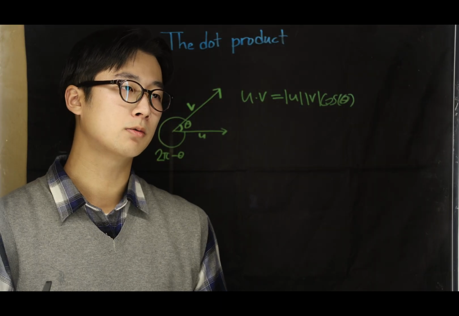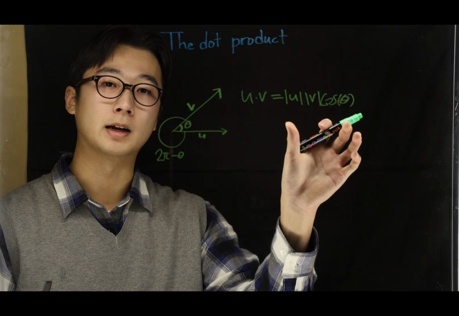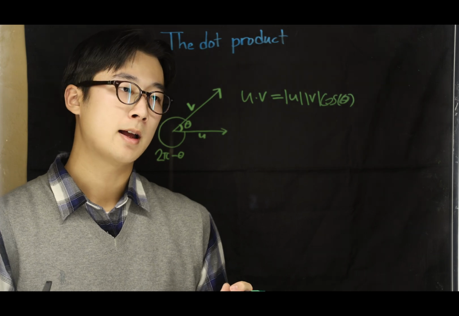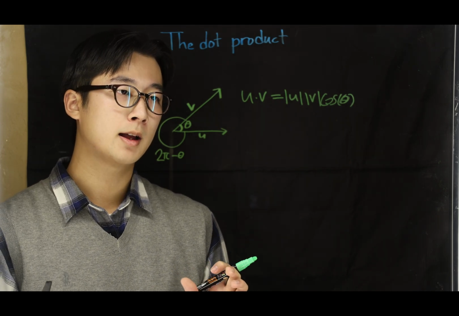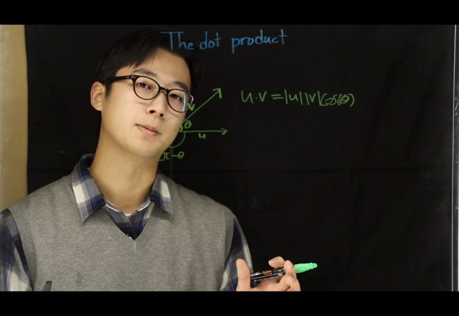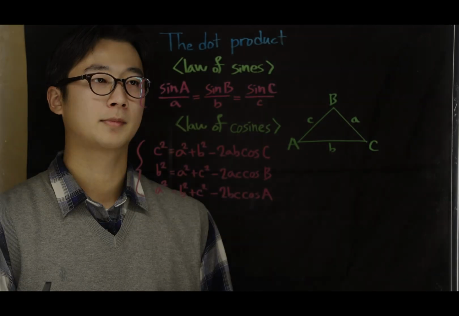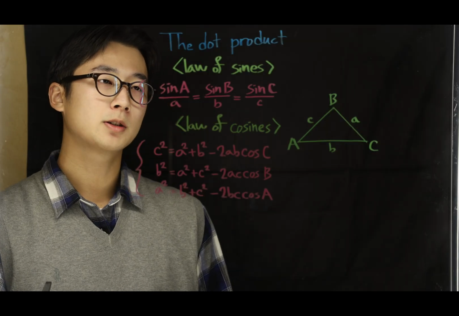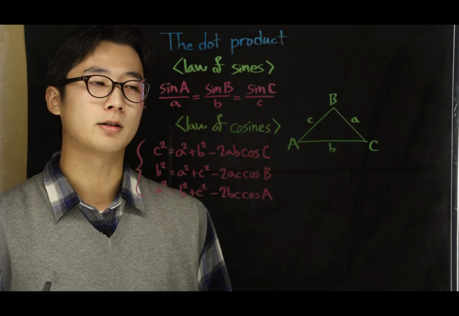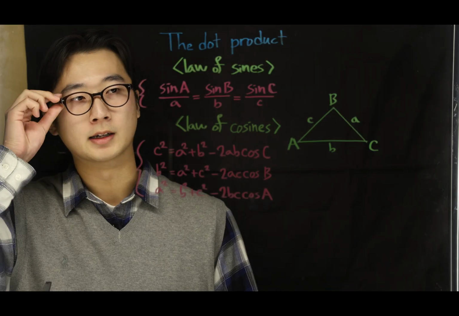I kind of want to derive this formula. Let me show you. But before we derive it, we need to know the law of cosines and the law of sines. Let's talk about them. We don't have to talk about them that deeply, so I already wrote them down here.